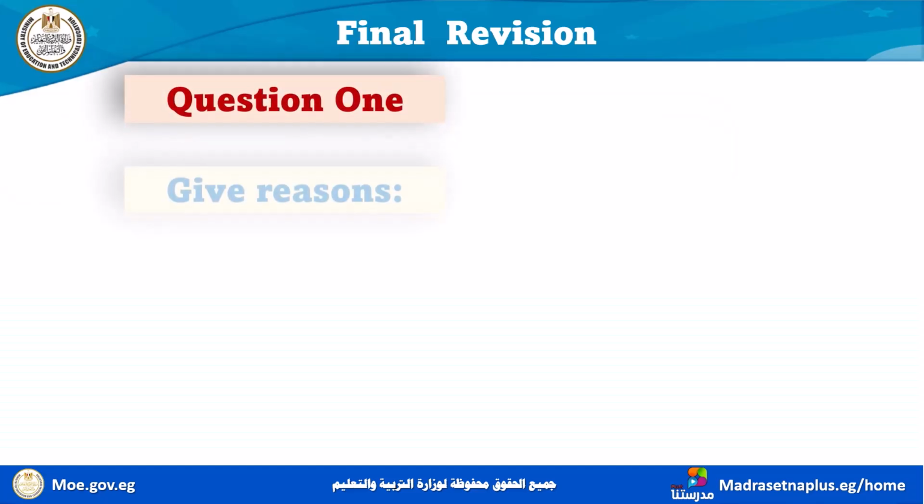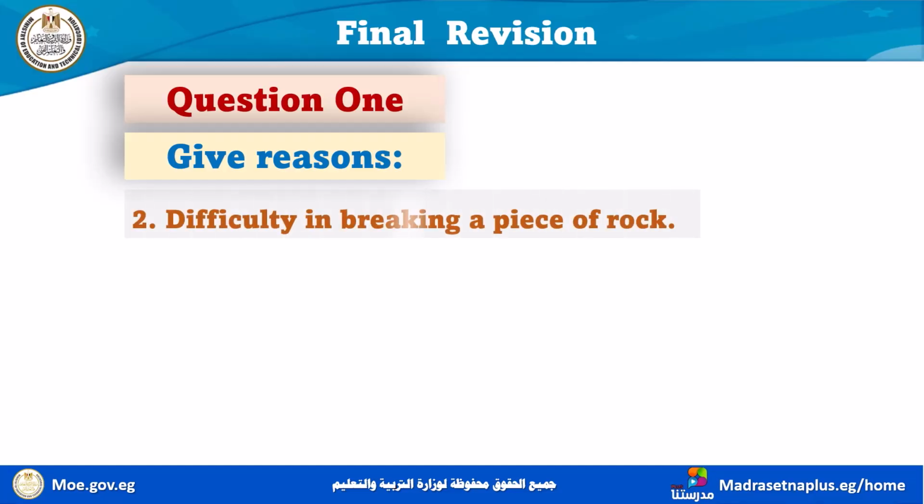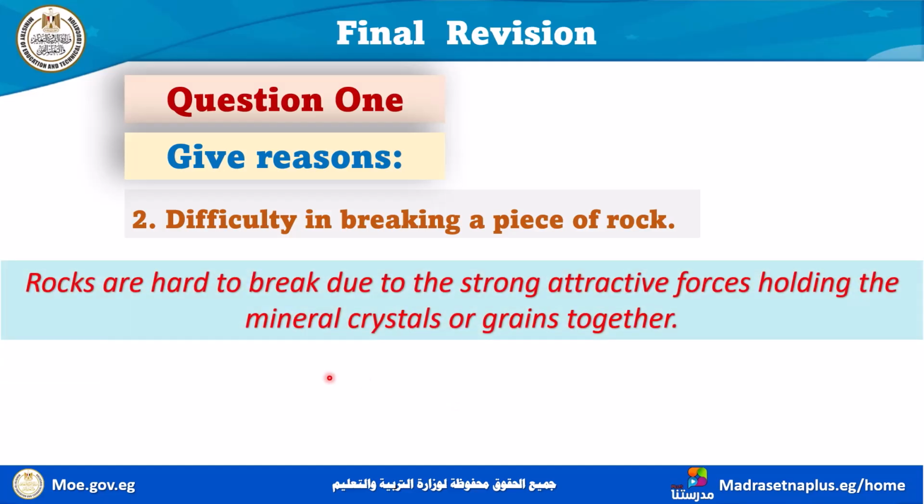Question 1, give reason. Number 2. Difficulty in breaking a piece of rock. Why is it so difficult to break a piece of rock? Rocks are hard to break due to the strong attractive forces holding the mineral crystals or grains together.